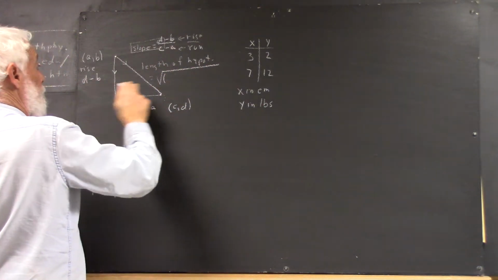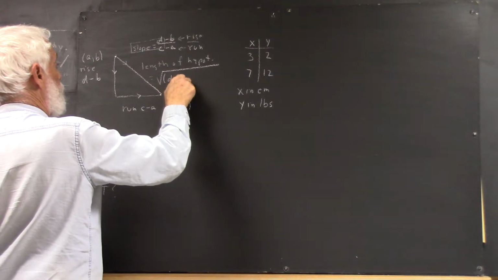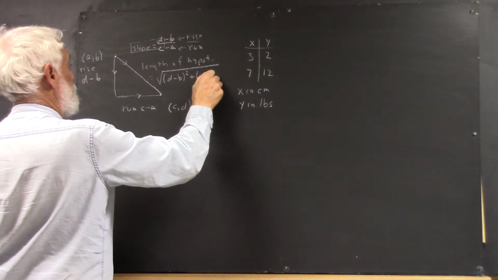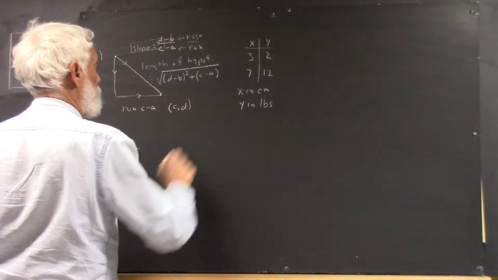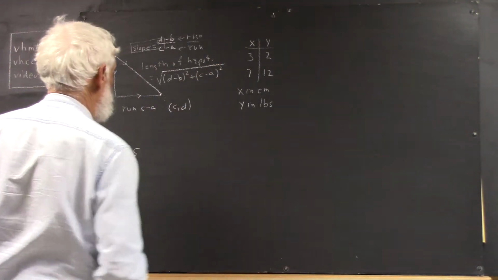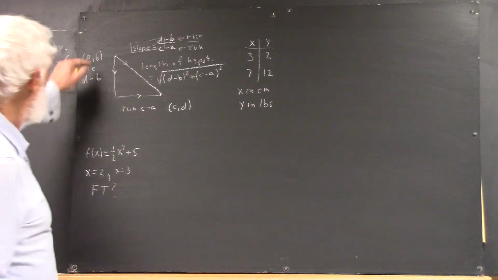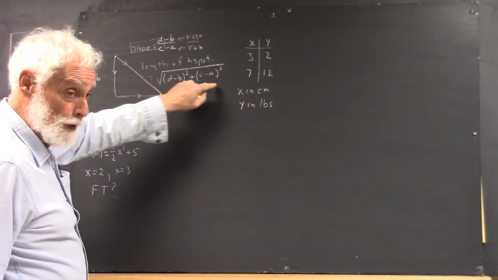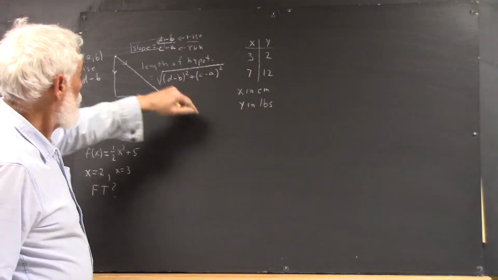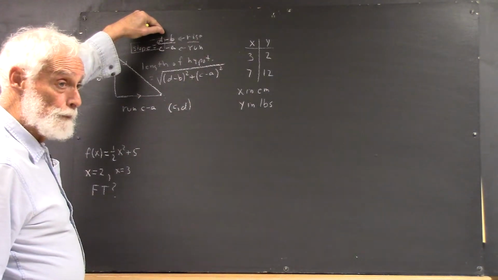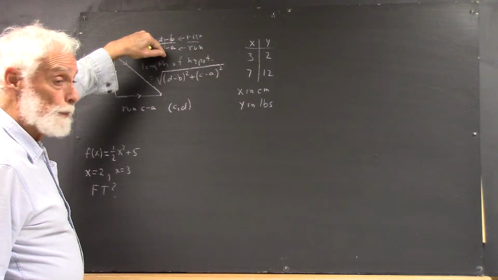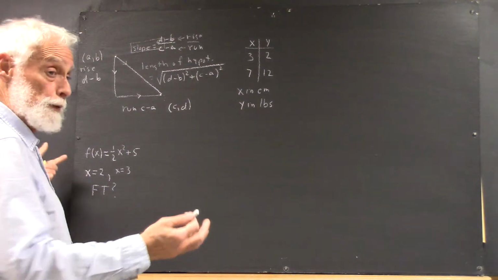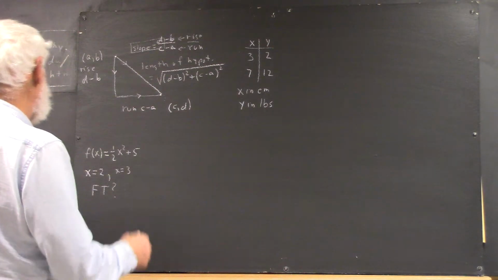This leg is D minus B. This leg is C minus A. Now, of course, if I gave you 2 numbers, you'd be able to do the subtraction, so you just have a number here to square and a number here to square. And you'd have just a number here for the rise and a number here for the run, and you'd be able to divide them and express the slope as a single number.